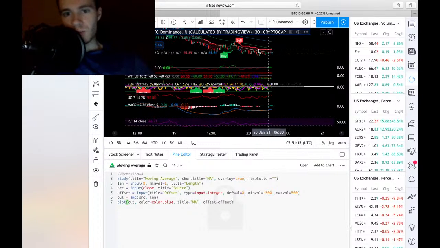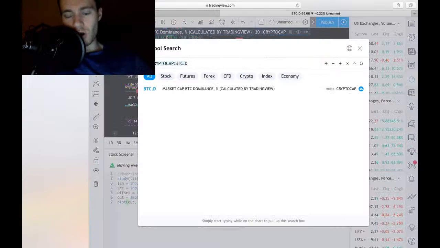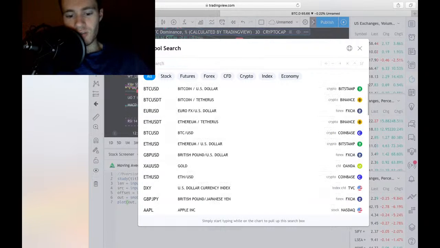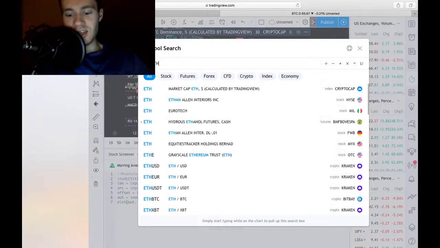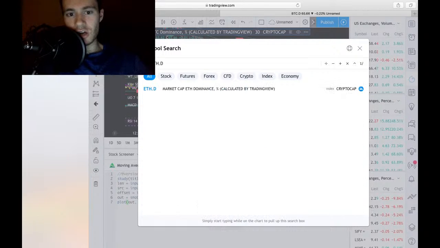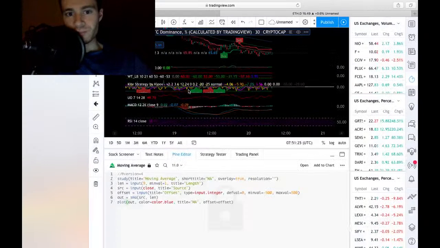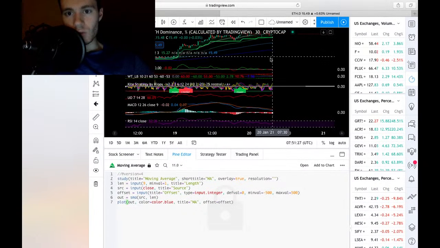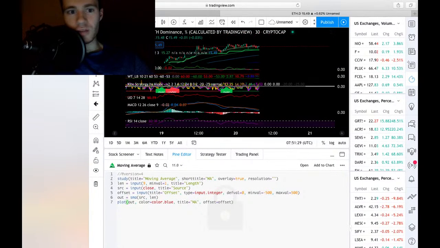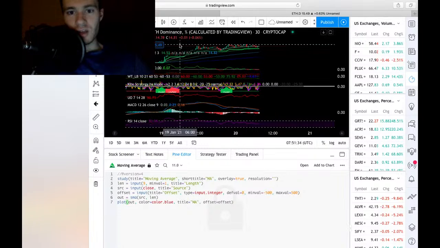And we looked at the Ethereum dominance chart, ETHD, and we figured out, well, all the money's most likely just getting pulled into Ethereum.